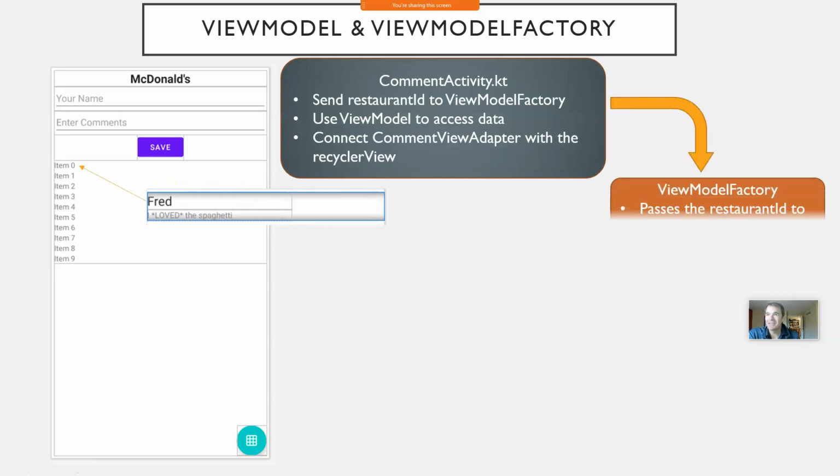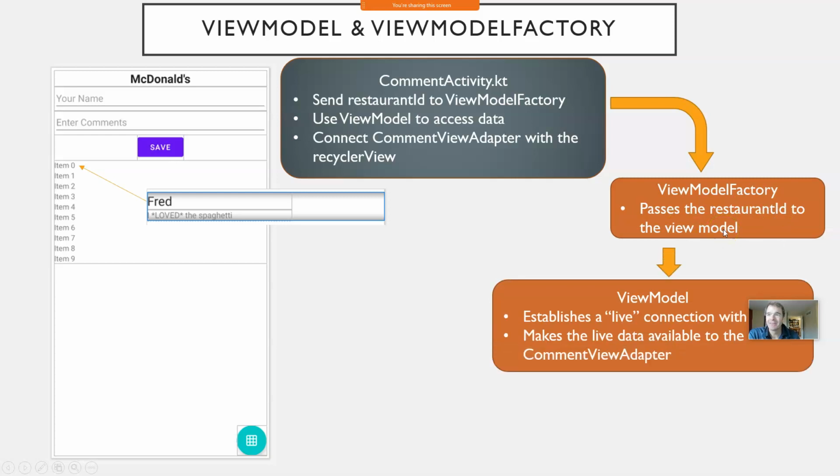Our animation's just a hint out of order here. So the view model factory is going to pass the restaurant ID to the view model. That view model is really our live connection to the database. And that's where we have this mutable live data object that is going to feed our activities.